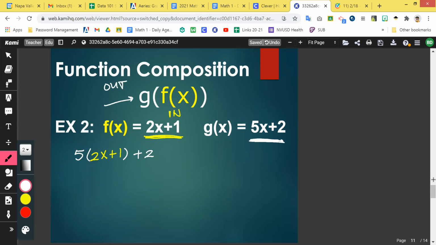Now I'm going to take the outside 5 and I'm going to multiply. 5 times 2x is 10x. 5 times 1 is positive 5. And that positive 2 just tags along again. These can combine together. So my final answer is 10x plus 7.